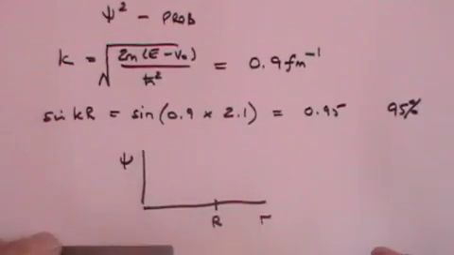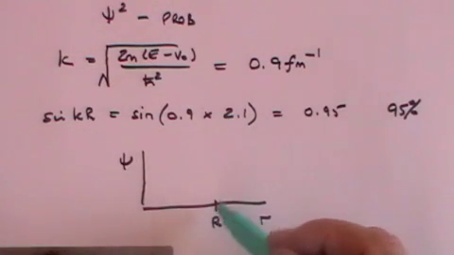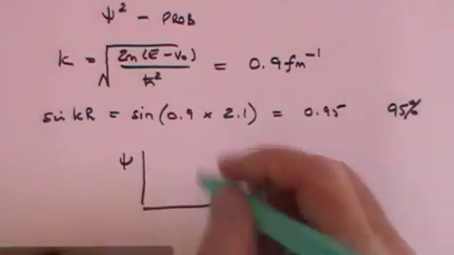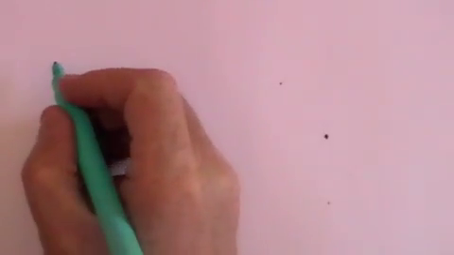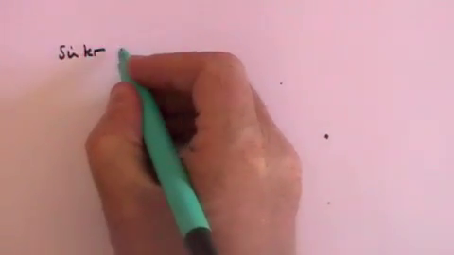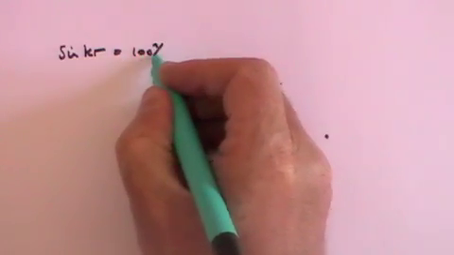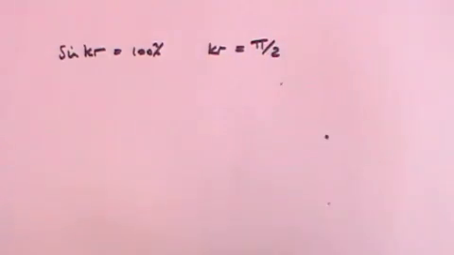Oh dear, sorry about that. I'm plotting psi against little r. This is the value of r, 2.1 Fermis, and here the wave function has 95% of its maximum. At its maximum, of course, sine kr will equal 100%, and that will happen when kr is pi over 2.